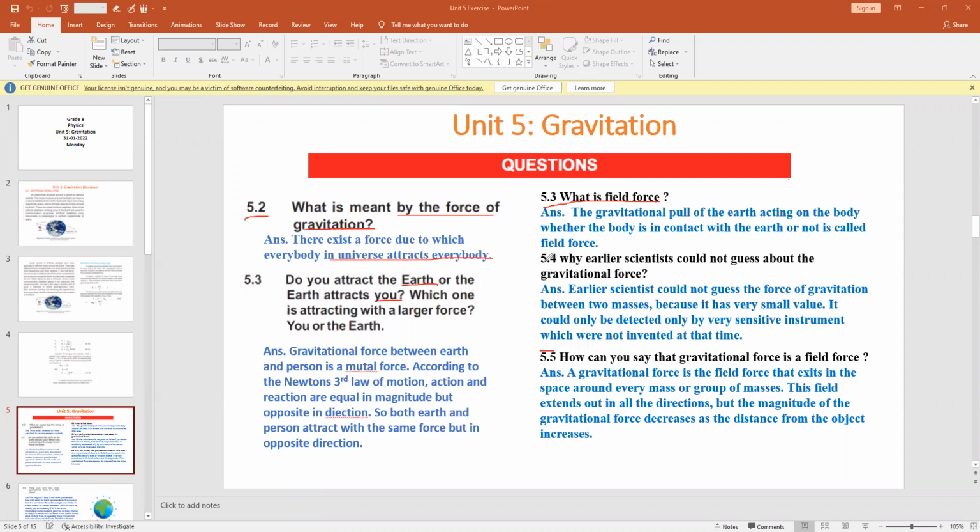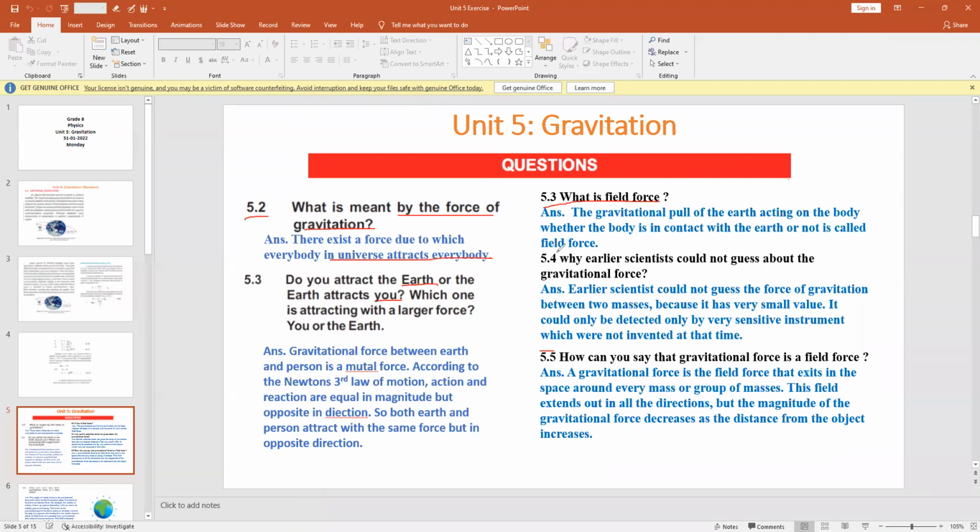Then we have 5.4, why could earlier scientists not guess about the gravitational force? The reason is that the value of G is very small. If you see the value of capital G, it is 6.673 into 10 raised to the power minus 11.